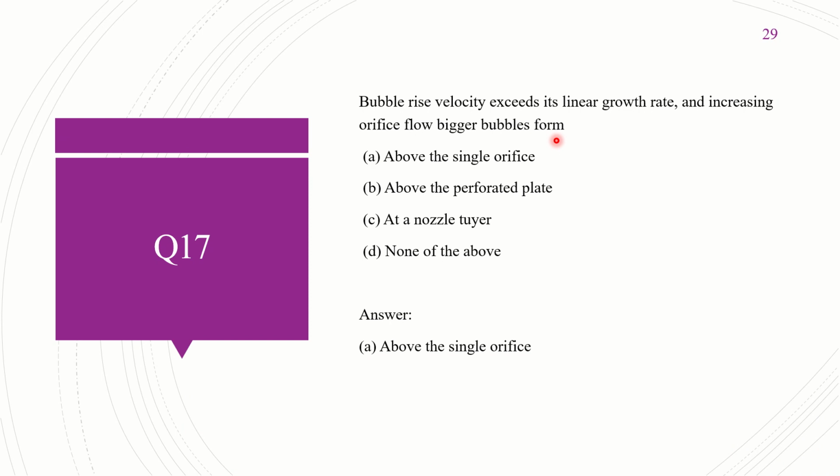The options are above the single orifice, above the perforated plate, at a nozzle, or none of the above. So when the bubble rise velocity is exceeding its linear growth rate and the orifice flow is increased, bigger bubbles form above the single orifice plate.